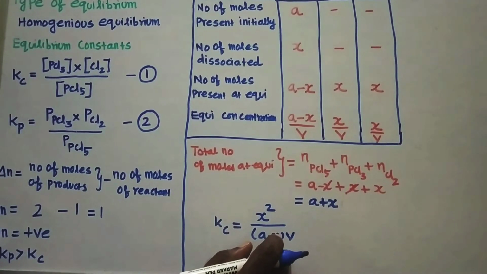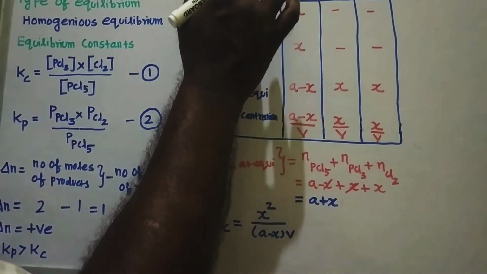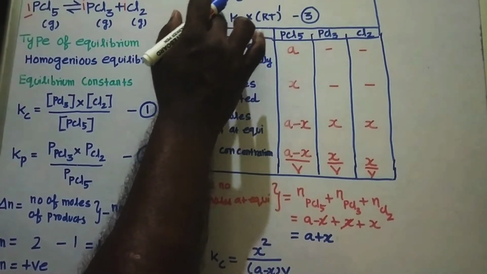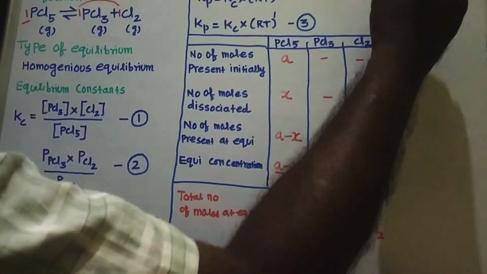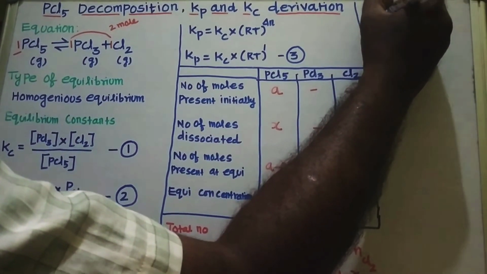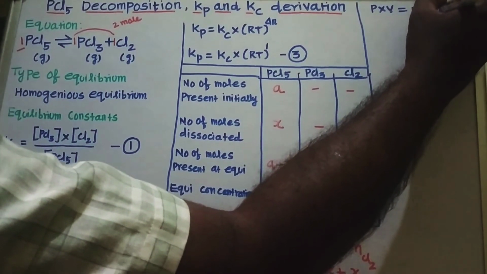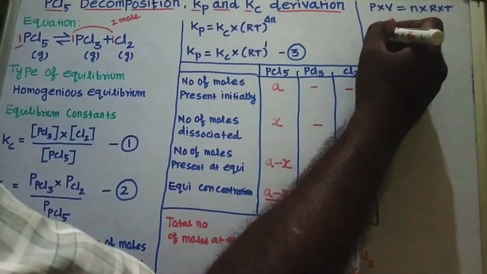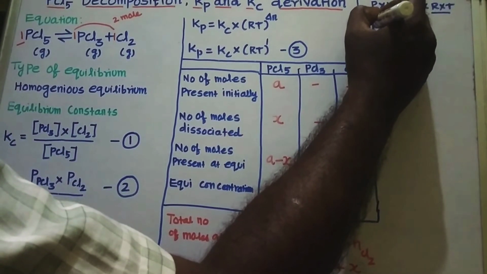Now we are going to derive the equation for Kp. I am going to take equation number 3, but before doing that, we take the ideal gas equation: P into V is equal to N into R into T. Now I am going to get RT.